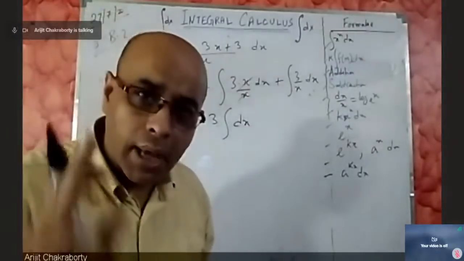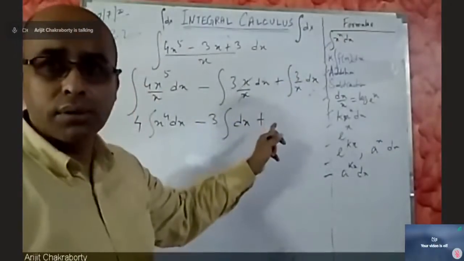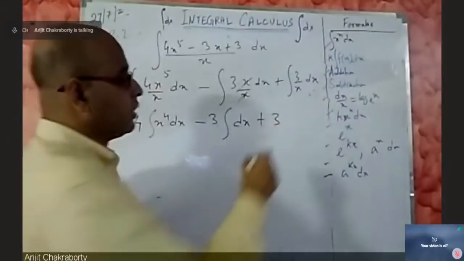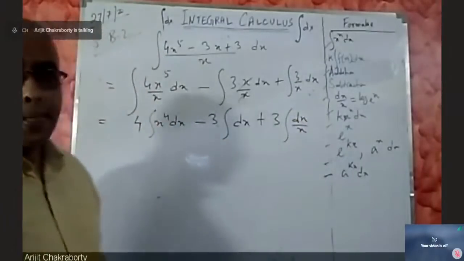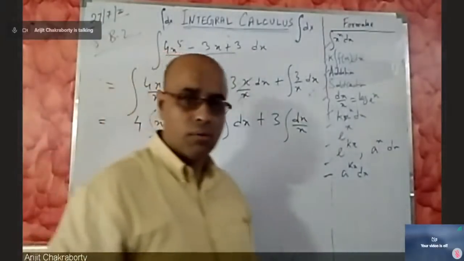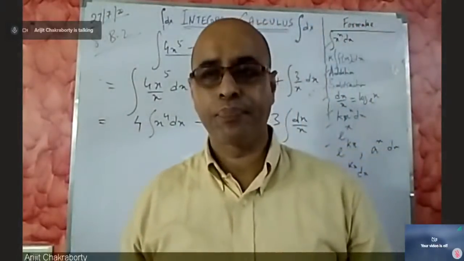Plus 3 comes out, 3 is outside, so you are having dx by x. So this is the expression which we are getting now. Please have a look at the expression.